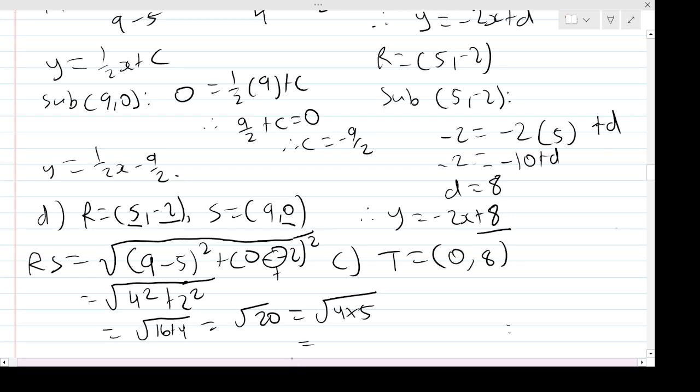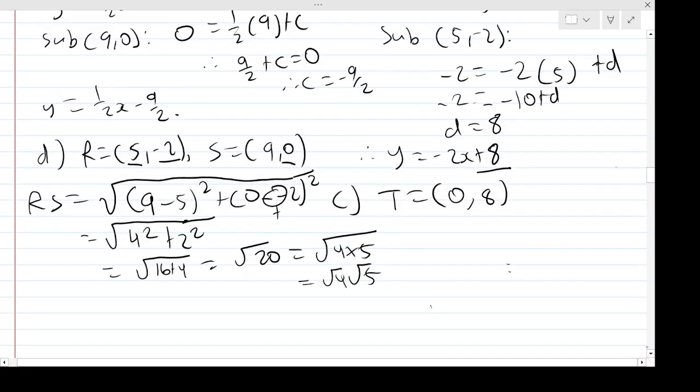Then I can split it up into root 4 times root 5. Remember with surds, root AB, I can split it up to root A times root B. Remember that law? We did it in the first chapter. Then root 4 is 2, so that'd be 2 root 5. Cool, so there we are. We've got it in terms of root 5. Then we need the distance TR.